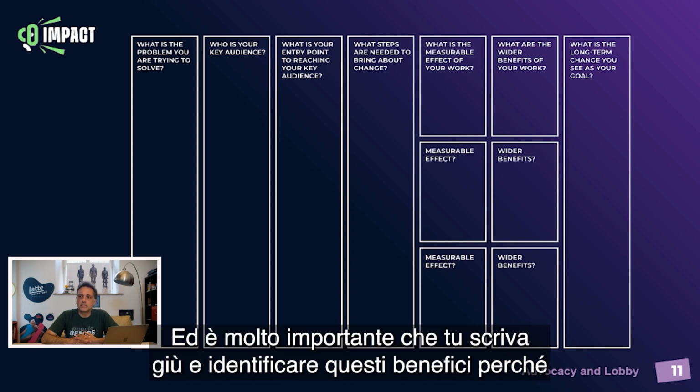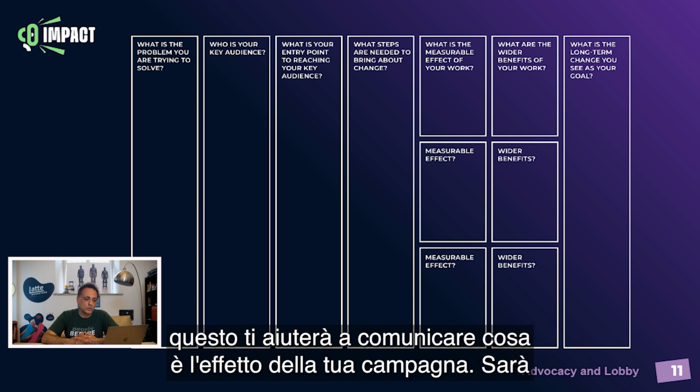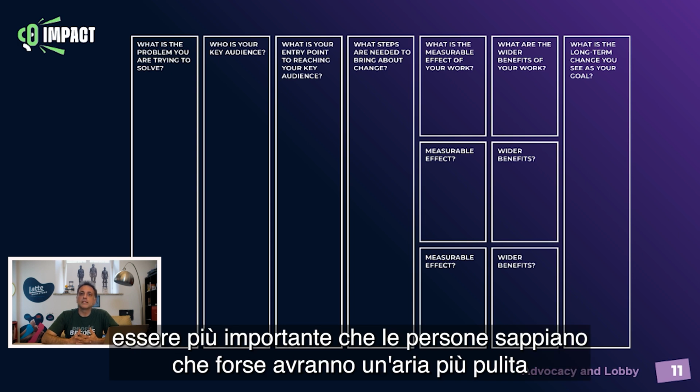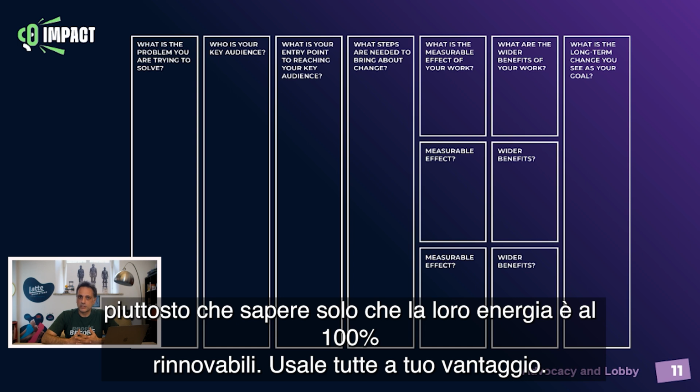It's very important that you write down and identify these benefits, because this will help you to communicate the effect of your campaign. It will be more important for people to know that they will have cleaner air perhaps than only knowing that their energy is 100% renewable. Use all of them for your benefit.